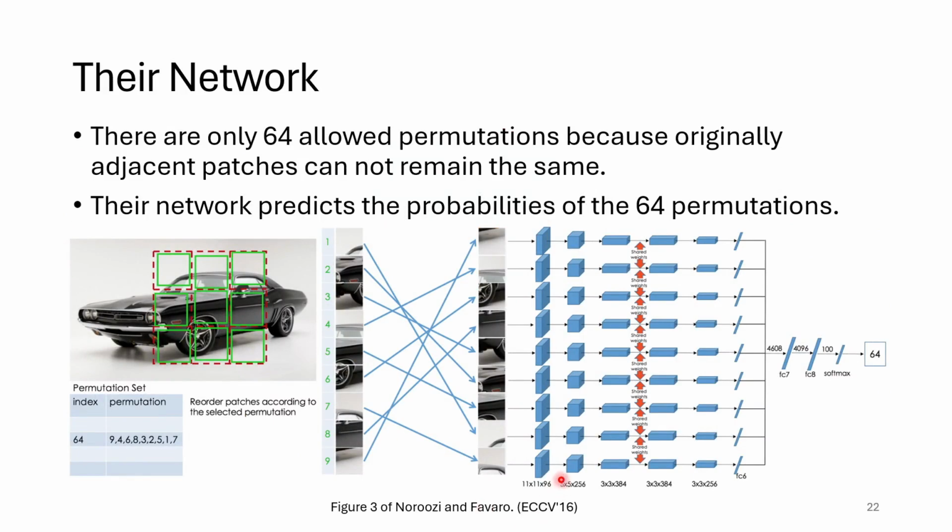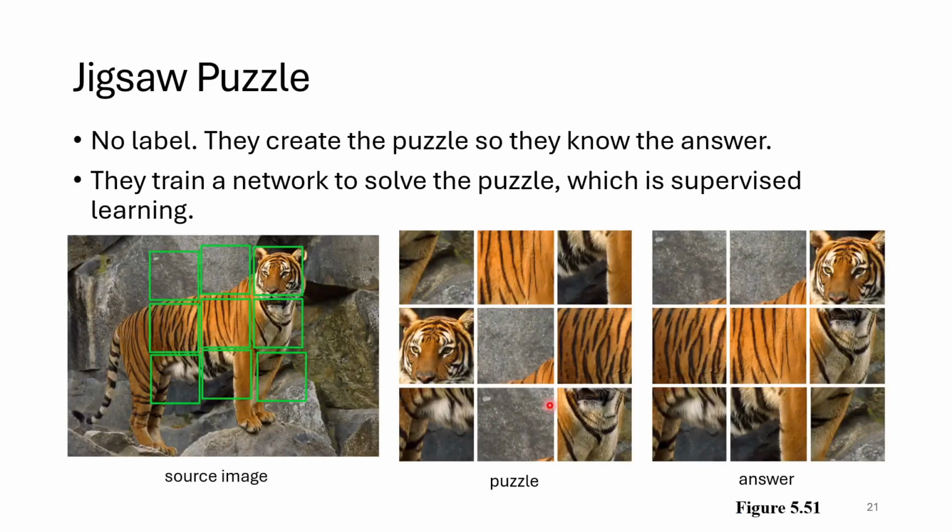So what do they learn? They learn a network. The network will generate the prediction of 64 classes. Once they collect a lot of training images to train the network, then given any puzzle, they use their network to predict which of the 64 permutations it is.